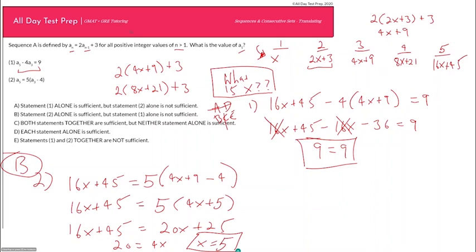And so they could have been asking for the millionth term in our sequence. And I should be able to say, well, if I can find the first term in my sequence, I can generate all the other ones. And therefore, even if it would be too hard to actually calculate what that millionth term is, as long as I just calculate the first one, I know it would be sufficient that I could find it. And so that is one reason I like sequences, and that is why it's so important to translate your sequences accurately. So let's do some more sequence questions.